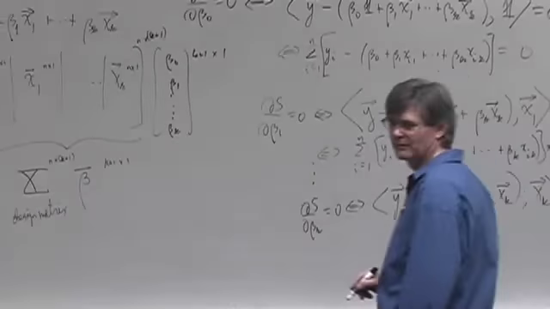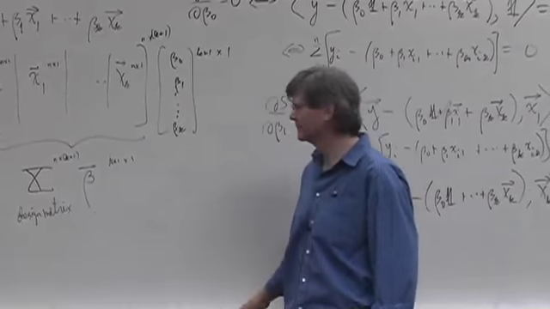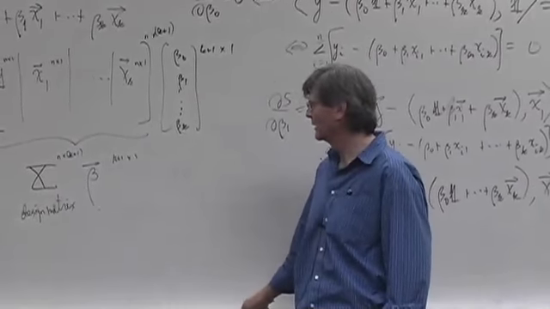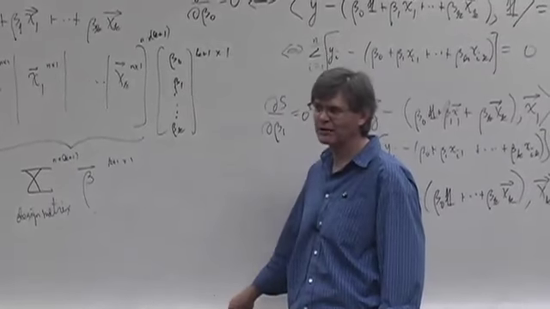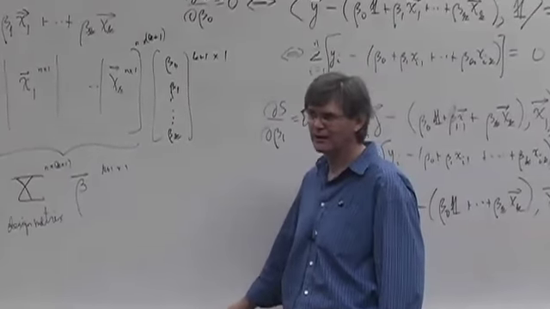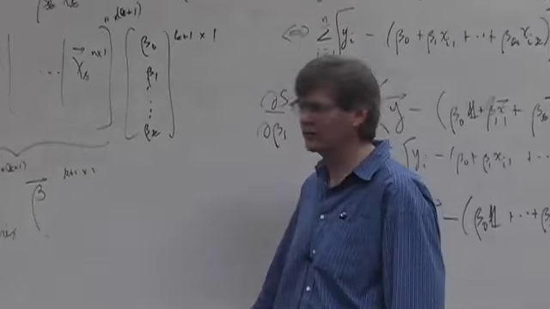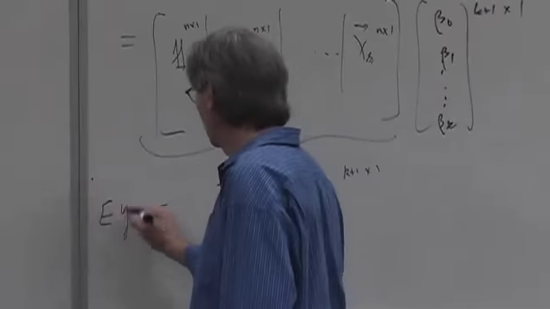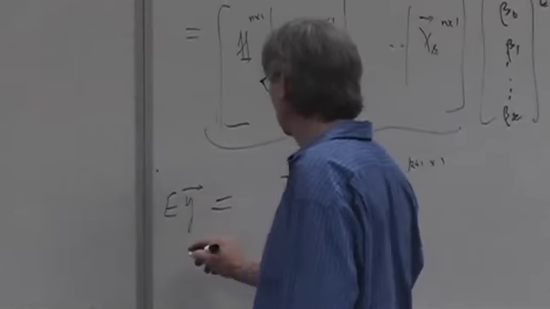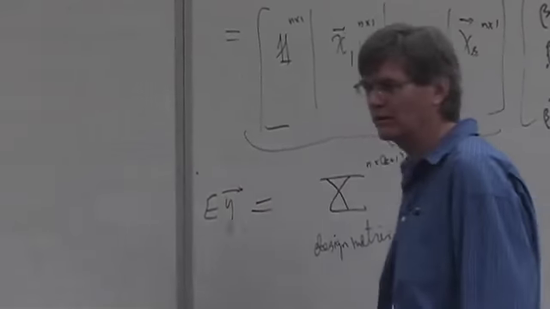K regressors. So there it is. That's the model for means in a nutshell. Also, EY equals X beta. This is the model for means.